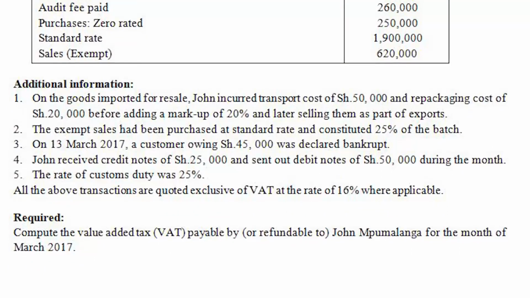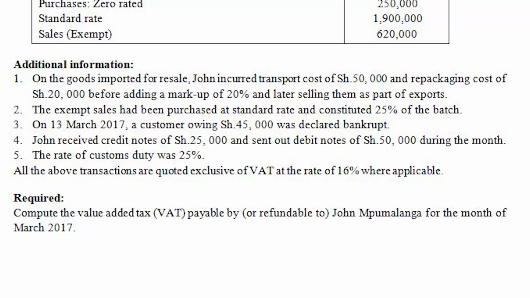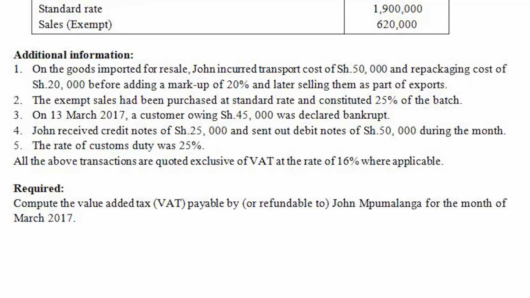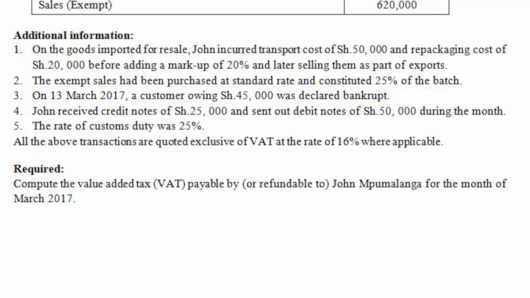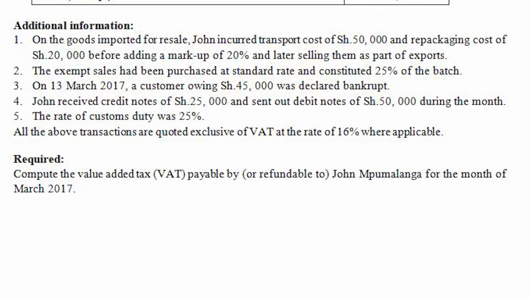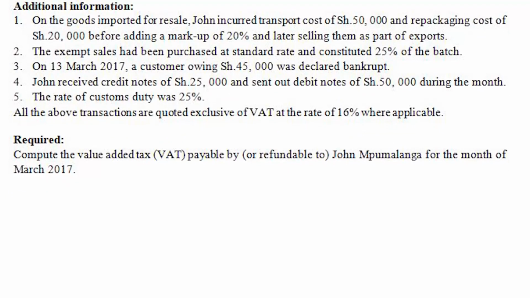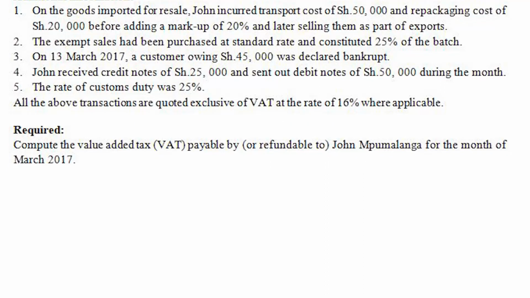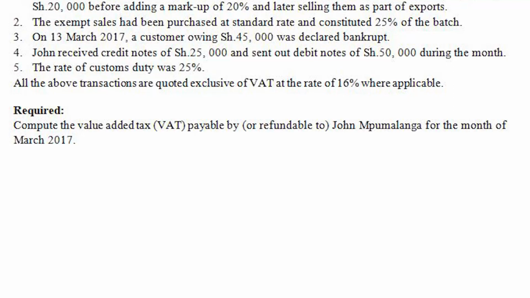Number 3, on 13th of March, a customer owing 45,000 was declared bankrupt. Number 4, John received credit notes of 25,000 and sent out debit notes of 50,000 during the month. Number 5, the rate of customs duty was 25%. All the above transactions are quoted exclusive of VAT at the rate of 16% where applicable.